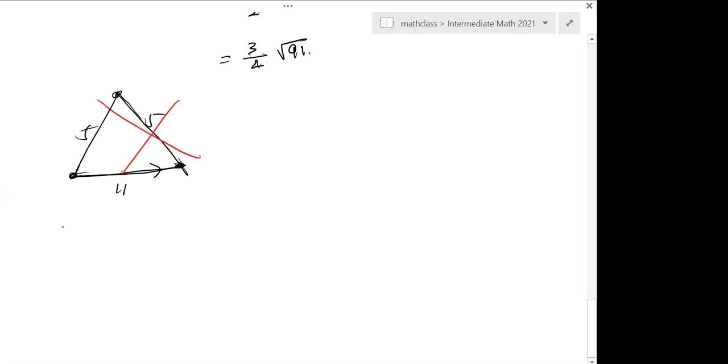So we have the following triangle inequality.